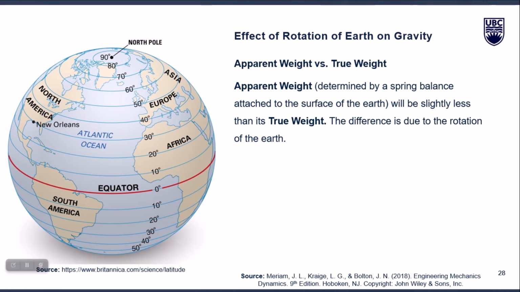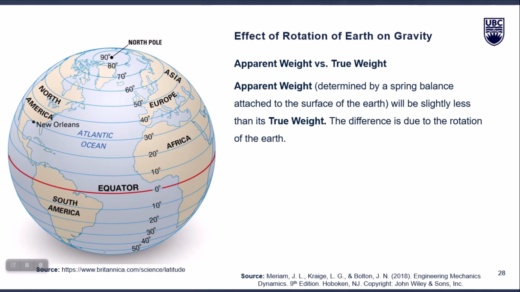Think of this reduction in the gravitational acceleration as an effect of the centrifugal force which Earth applies to throw you out of its surface. But that effect is negligible, as I said, less than 0.5%. So unless you are dealing with very high precision problems, you generally don't consider that effect in many practical applications.